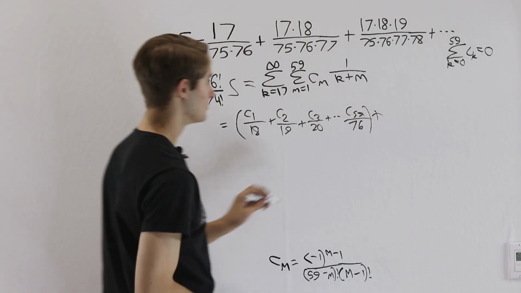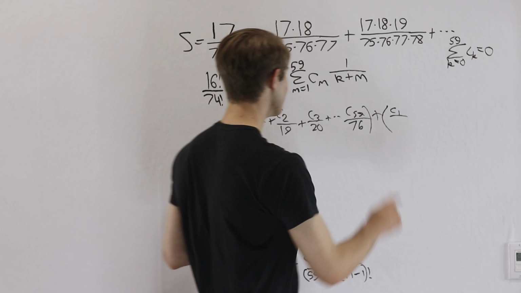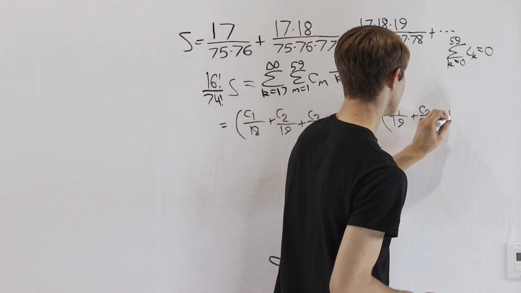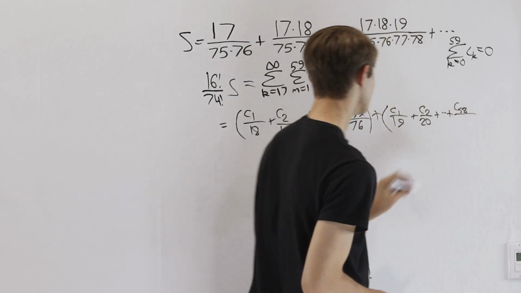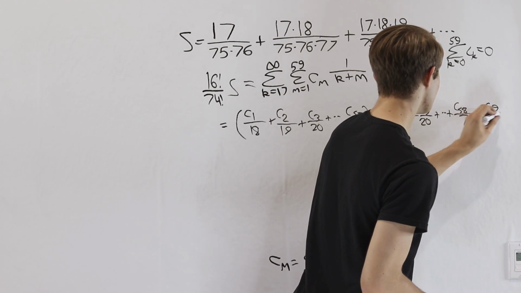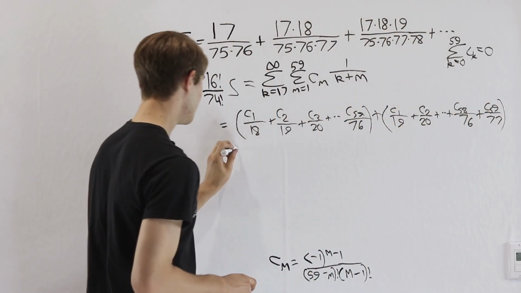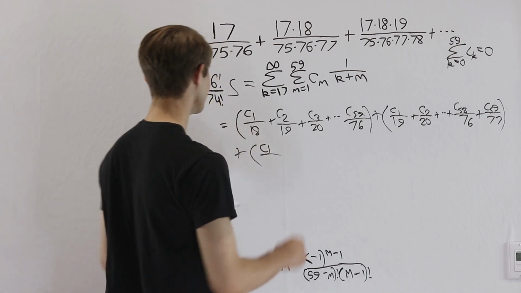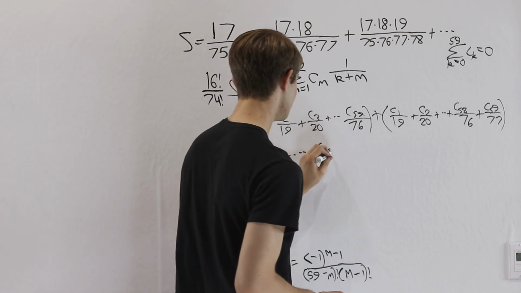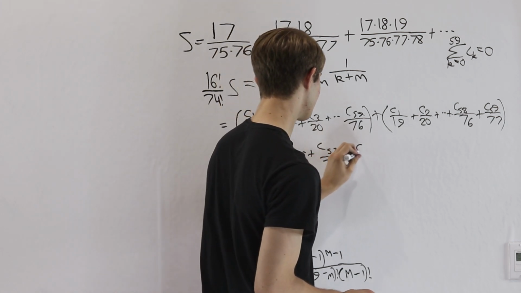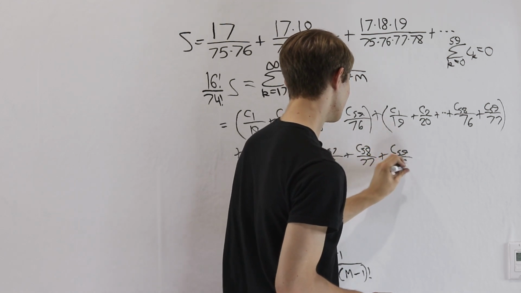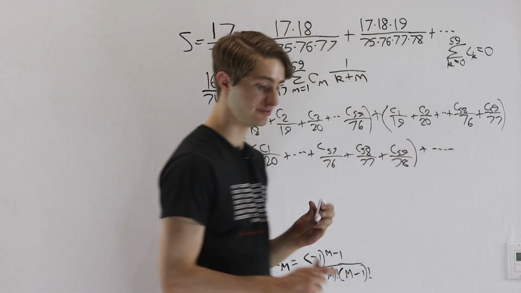Then, when we have k equals 18, we'll have c1 over 18 plus 1 is 19, then c2 over 20, and so on up to c58 over 58 plus 18 is 76, plus c59 over 77. And then the next one will be c1 over, this time k is 19, so you get c1 over 20, plus blah, blah, blah, plus c57 over 76, plus c58 over 77, plus c59 over 78. And this goes on to infinity.